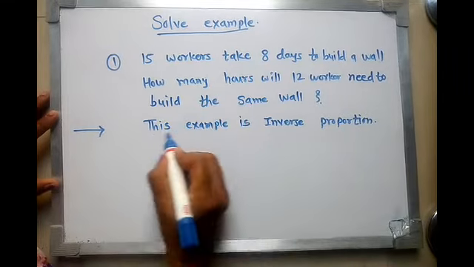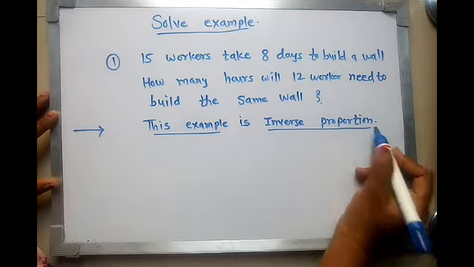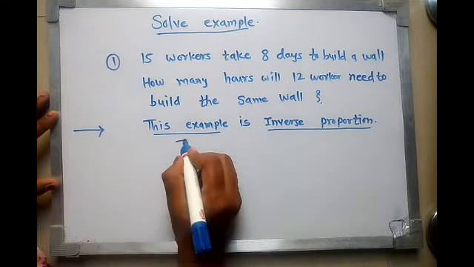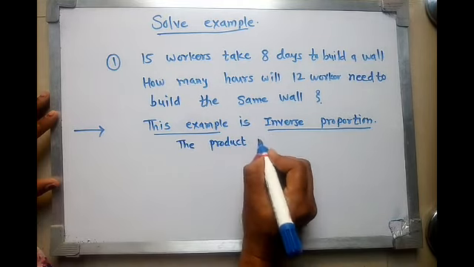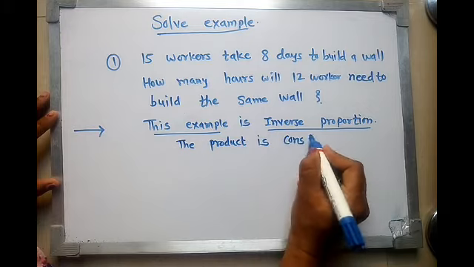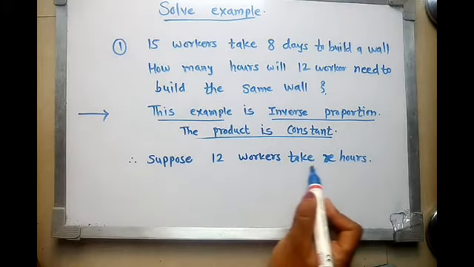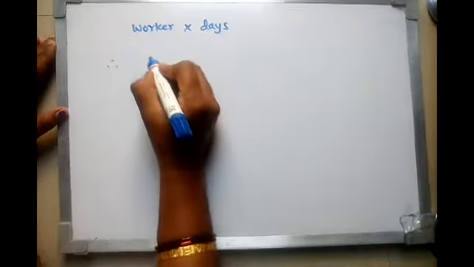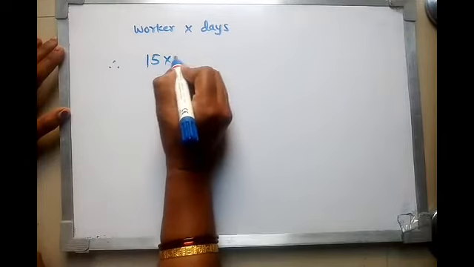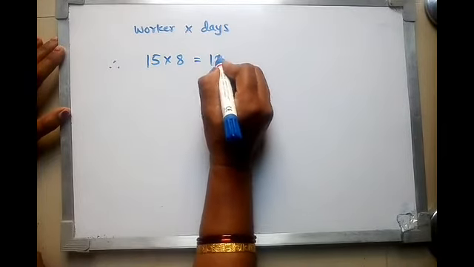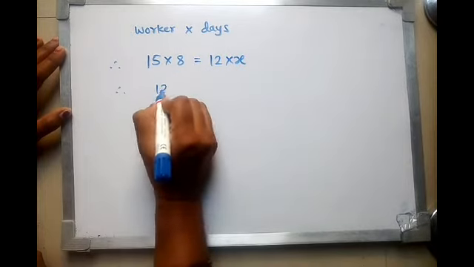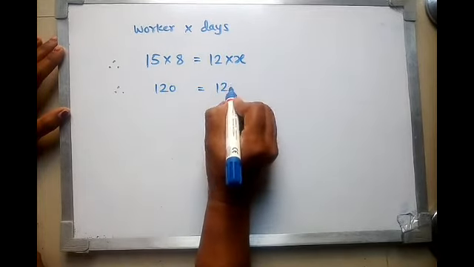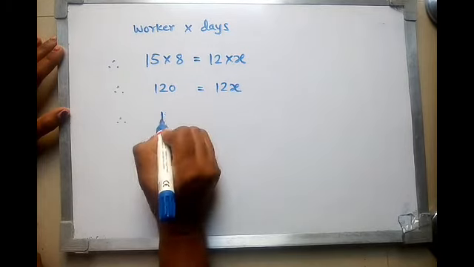See how to solve this example step by step. First we write this example is inverse proportion and the product is constant. Let us suppose 12 workers take x days. Workers into days, 15 into 8 is equal to 12 into x. 15 eights are 120 equals 12x.